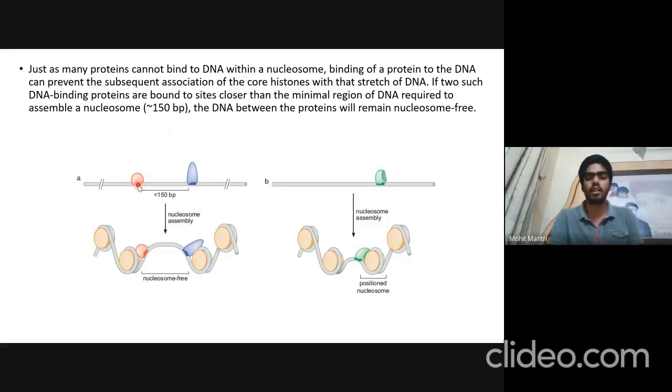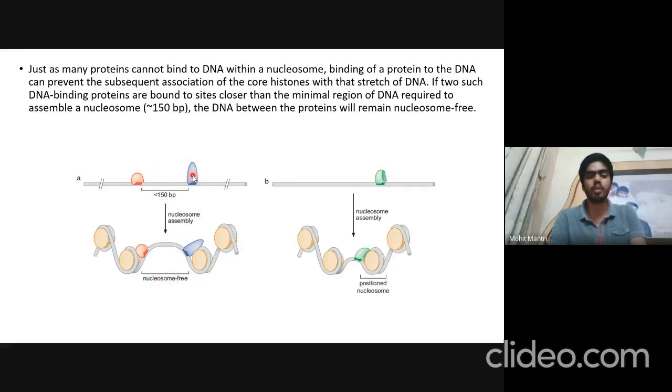Similarly, if DNA-binding proteins are closely associated, closer than the minimal region of DNA required to assemble a nucleosome, suppose two proteins are interacting with the DNA in a region which is less than 150 base pairs. Then a nucleosome cannot be assembled here because this region is too small for a nucleosome to form. So this region is now nucleosome free.